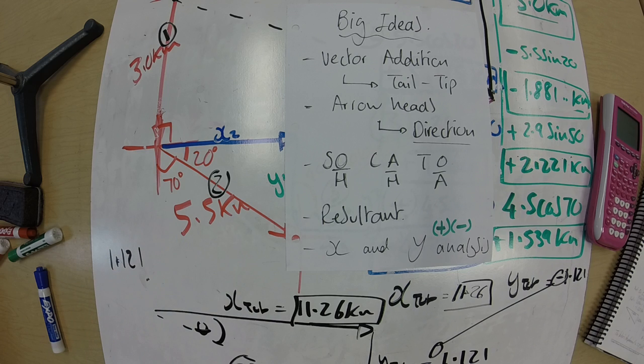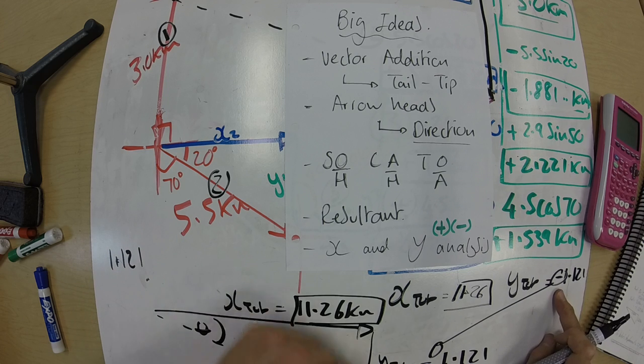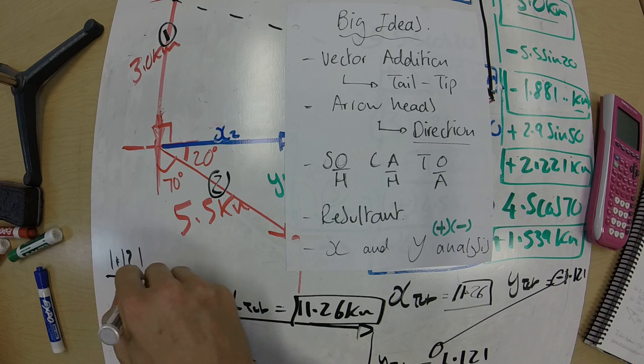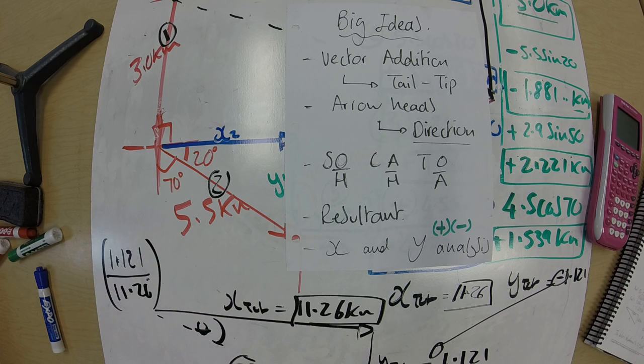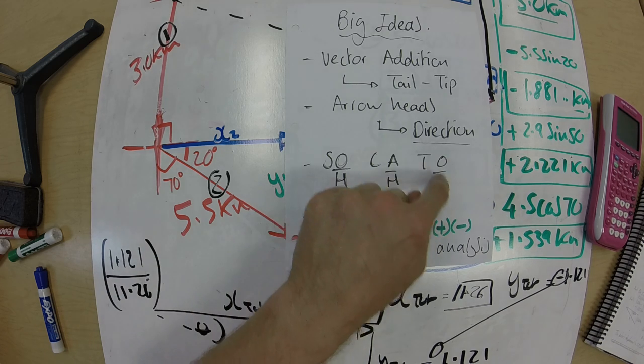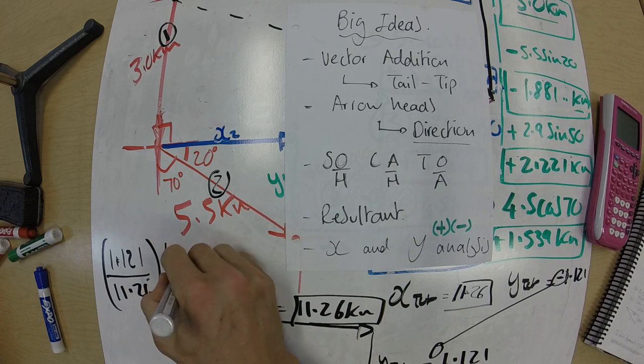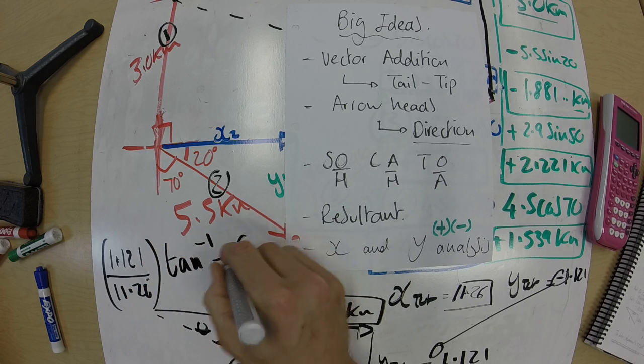Not putting the negative sign in, even though we know it's a negative, but that just indicates it's going down. So 1.121 divided by 11.26. Okay, so that's opposite over adjacent, which is my tan. And then the inverse tan of that's going to give me the angle.